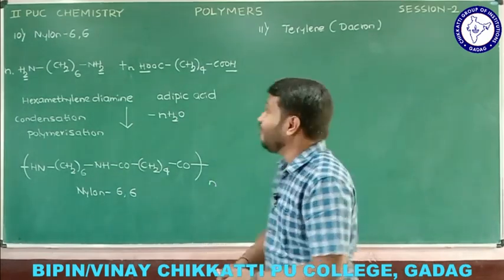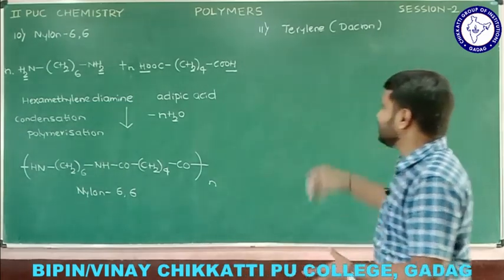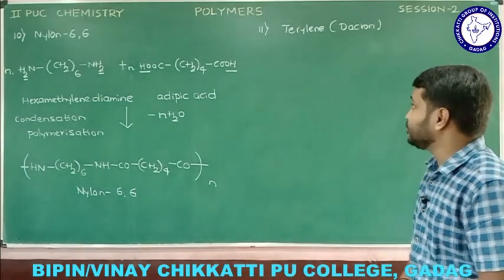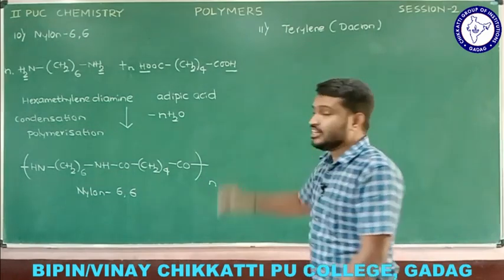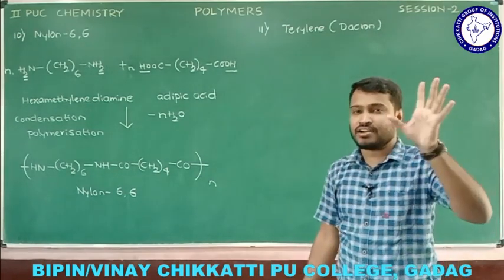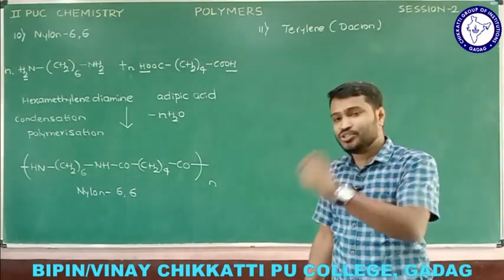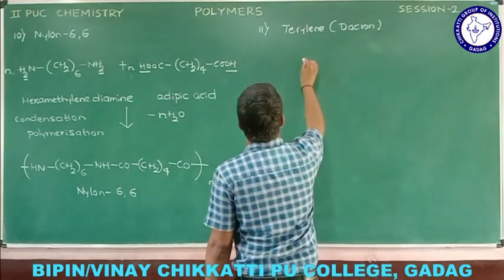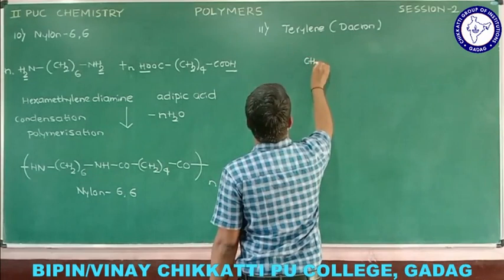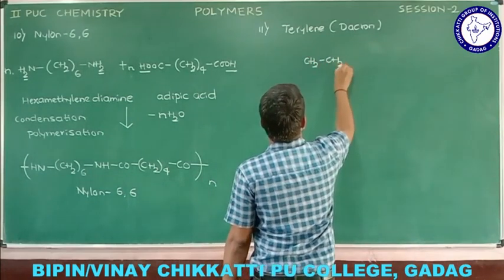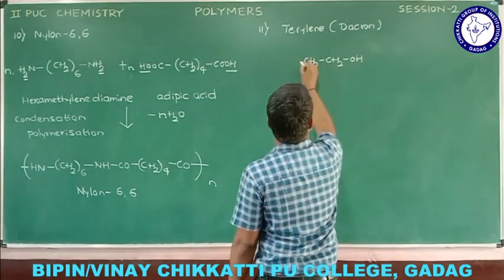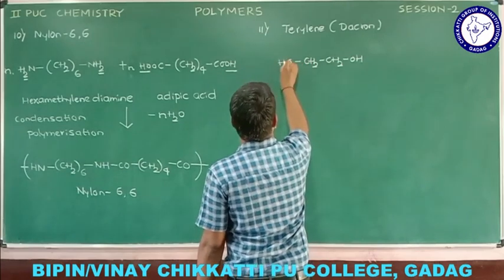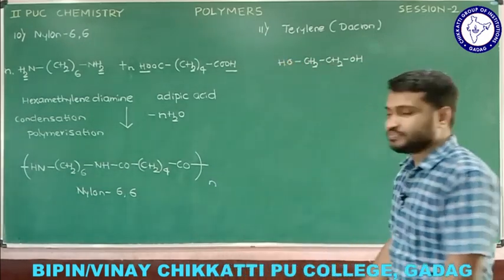And now we'll see how we are supposed to write the monomers and partial structure of that one. Remember, terylene is also an example for condensation polymer, means there should be elimination of simple molecules like water. So we'll see how about the structures for that one. CH2 and OH, and here we have OH. This is the one monomer.